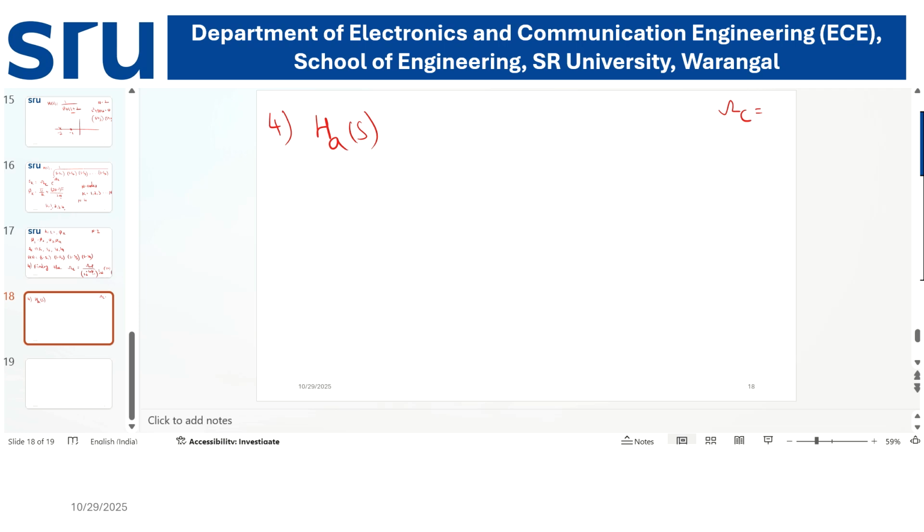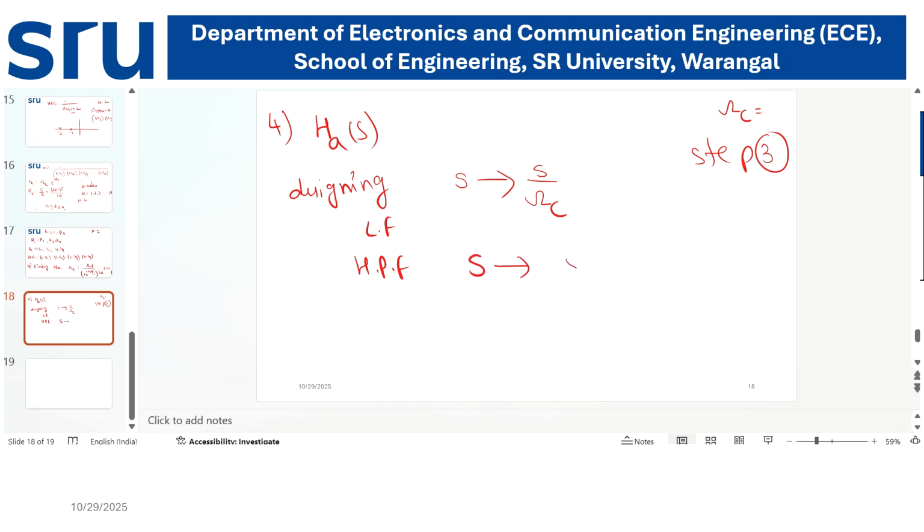For designing a low pass filter, in step number 3, wherever we have S, it has to be replaced by S by omega c. For a high pass filter, it is reversed: S has to be replaced by cutoff frequency by S. If it is a band pass filter, this last step will differ depending upon the type of filter.